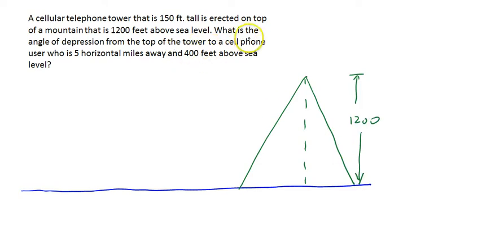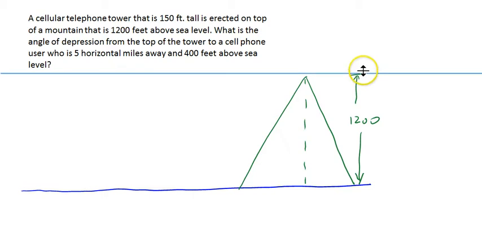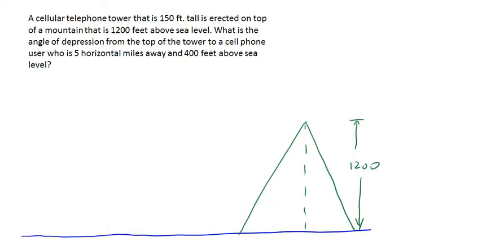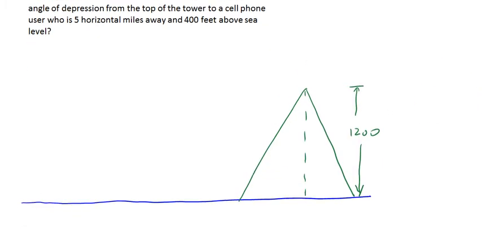And what is the angle of depression from the top of the tower to a cell phone user who is 5 horizontal miles away and 400 feet above sea level? Okay, so let me get some room here for the cell phone tower. So here's the cell phone tower, and that is an extra 150 feet.